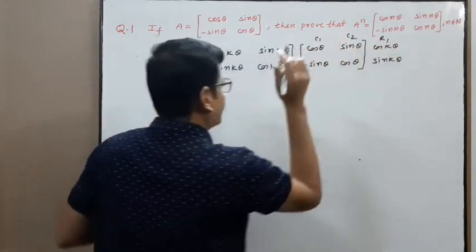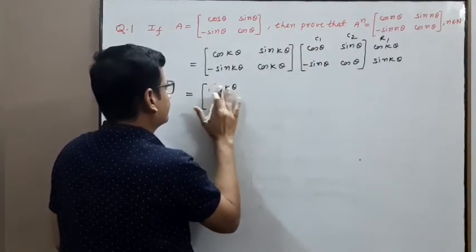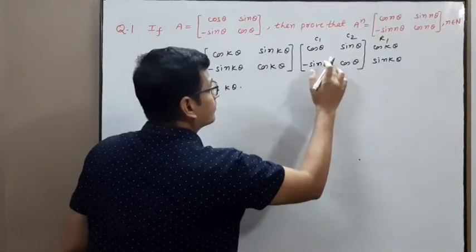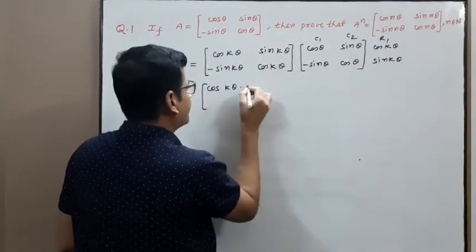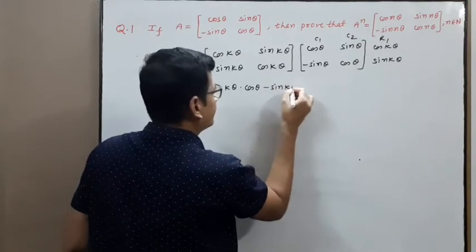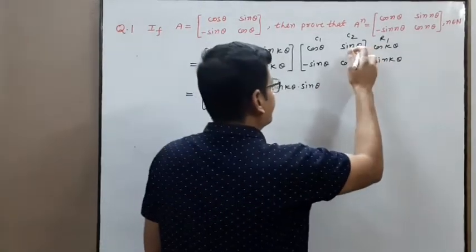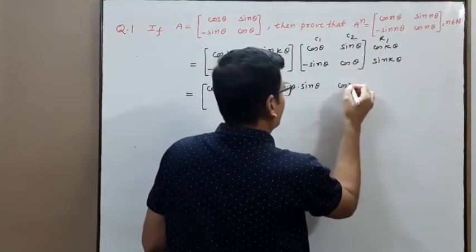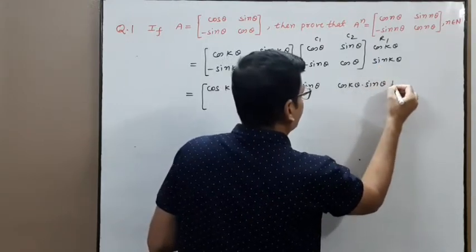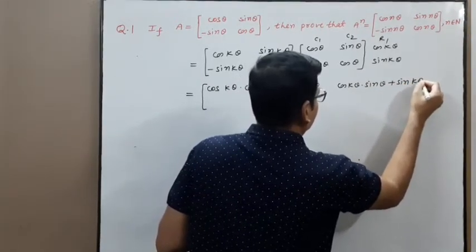Now R1 C1: cos k theta into cos theta, then this into this, minus sin k theta into sin theta. Now R1 C2: this into this, cos k theta into sin theta, and plus sin k theta into cos theta.